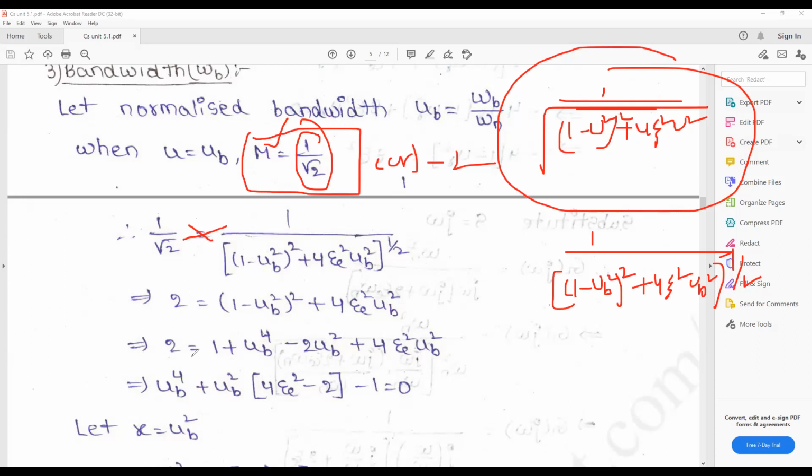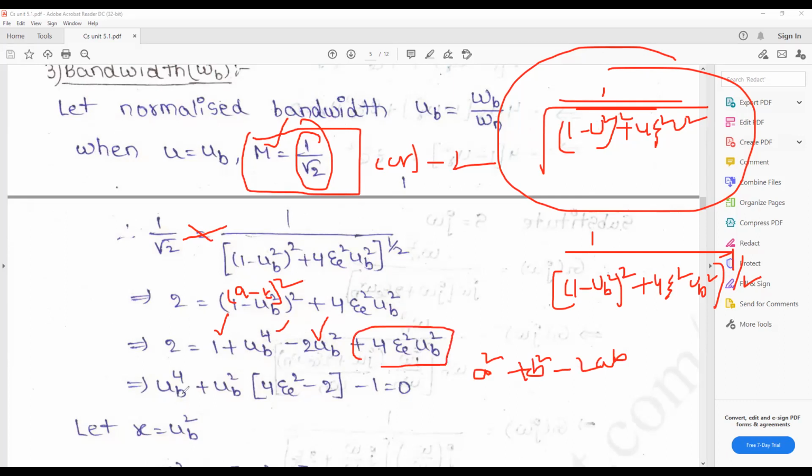So 2 is equal to, you apply the a minus b whole square formula. What is the formula of a minus b whole square? A square plus b square minus 2ab. So 1 square plus ub power 4 minus 2 into ub square plus 4 neta square ub square.